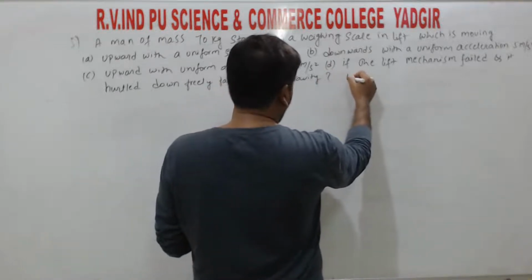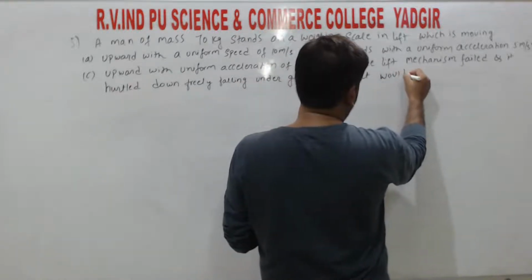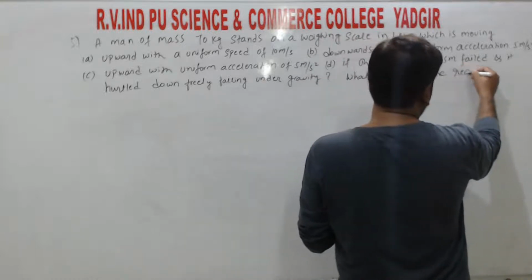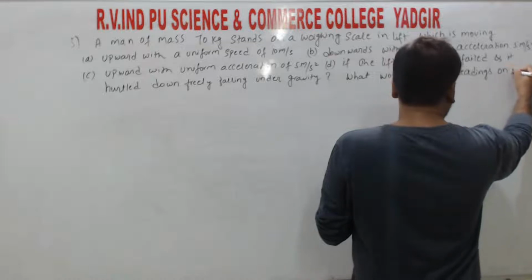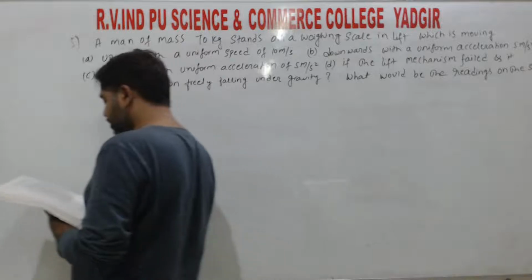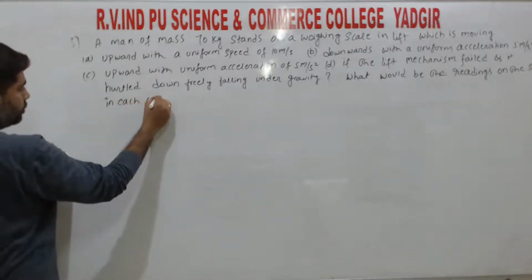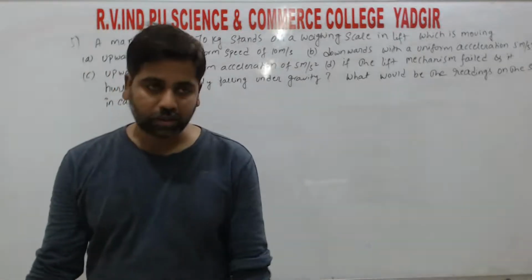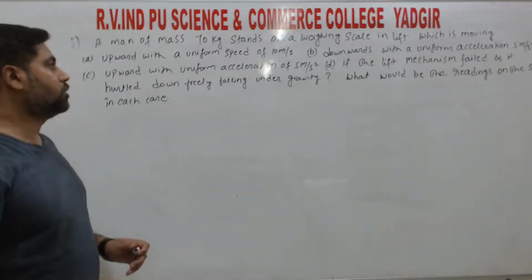So we need to find what would be the readings on the scale in each case. This is an important concept, not in the theory part, but since it is in the problem we must explain it, right?